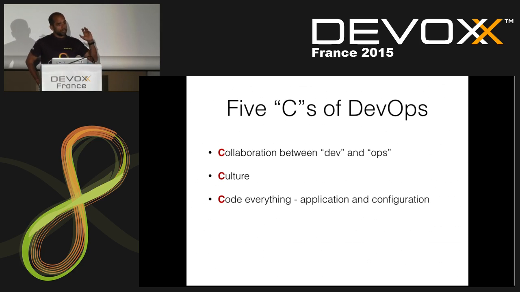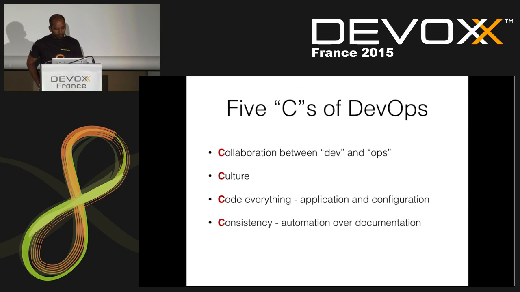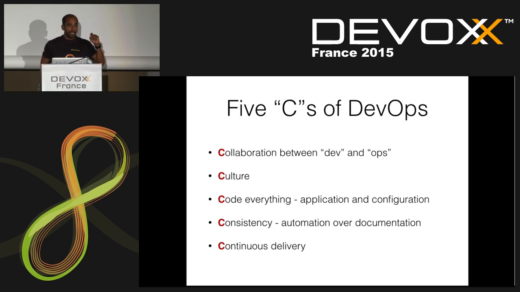Not just the Java source code or your Python script or your shell script. Everything. And we'll talk about what that everything is. Because you code everything, it gives you consistency, and you can automate everything, which gives you repeatability, so you can get the same result again and again. And last but not the least, continuous delivery. So this is what I call the 5 C's of DevOps.